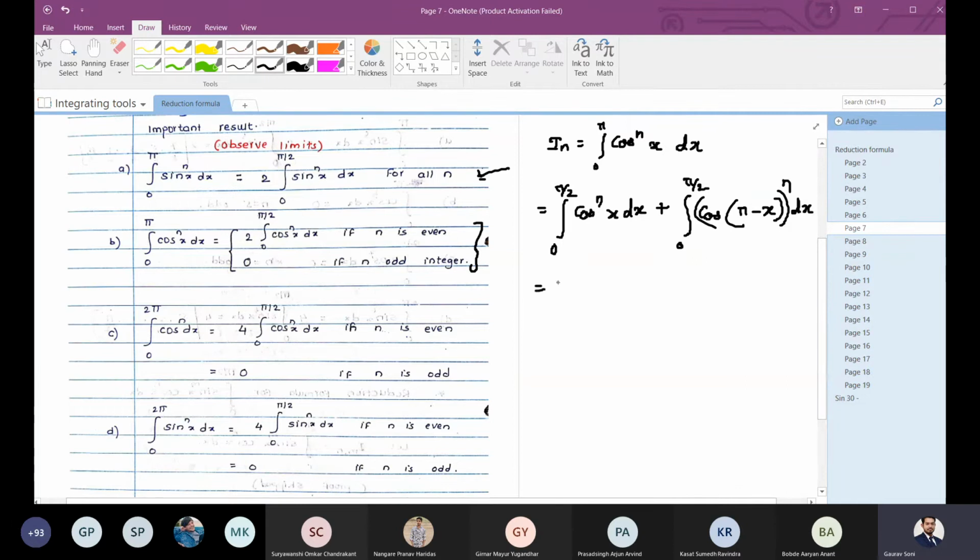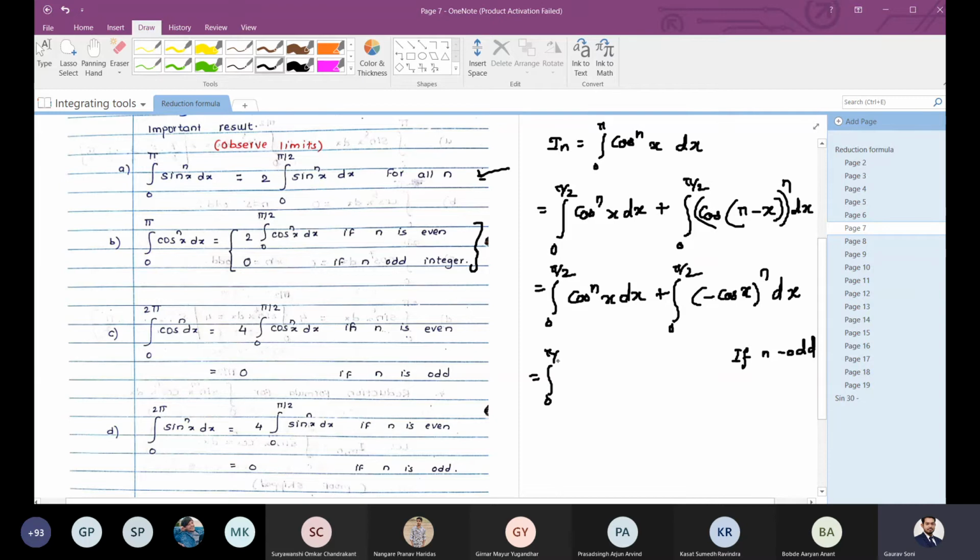Cos of 180 minus theta. If you don't remember it or cannot find it out, it is minus cos theta. So 0 to pi by 2 minus cos x raised to n dx, right? So if n is odd, then minus cos x raised to an odd number will become minus cos raised to n.